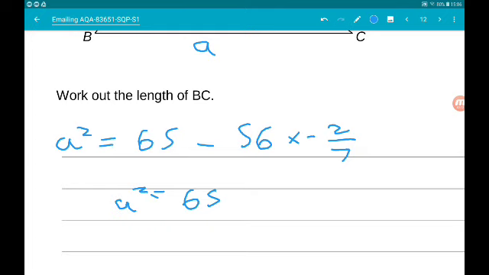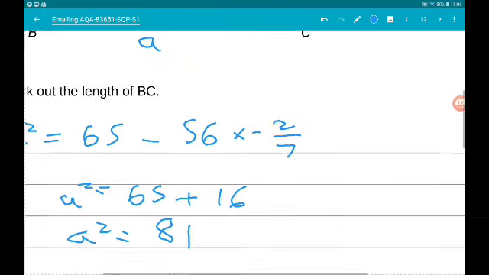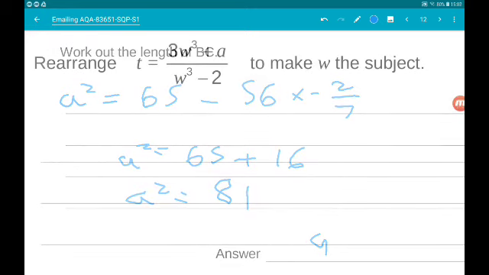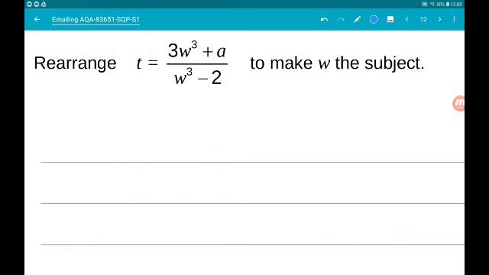So we got 65 add 16, so a squared is 81, therefore our answer is the square root of 81, which is 9. Cool.